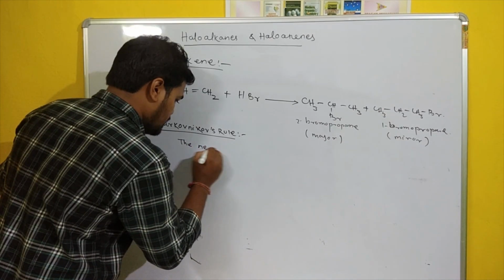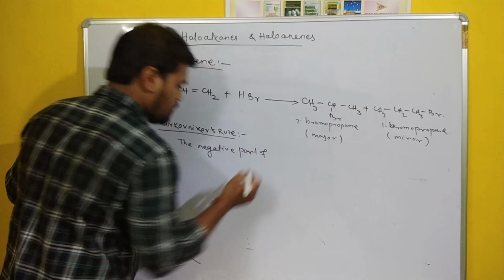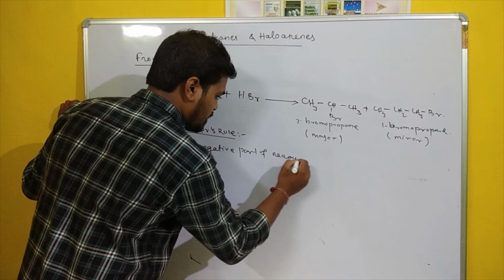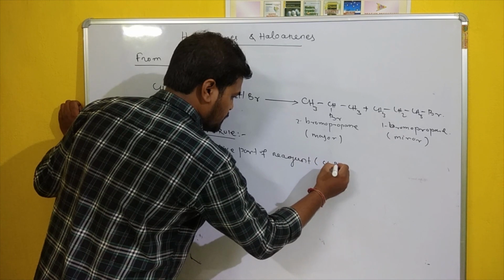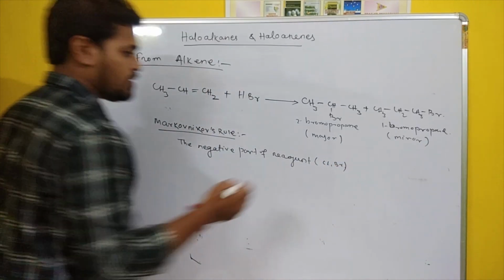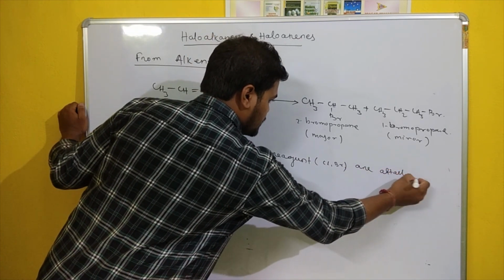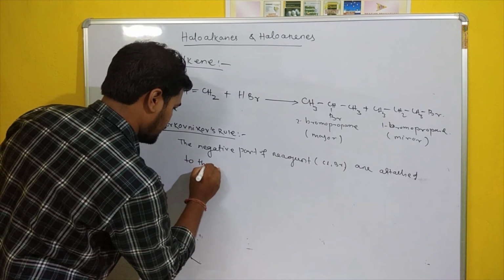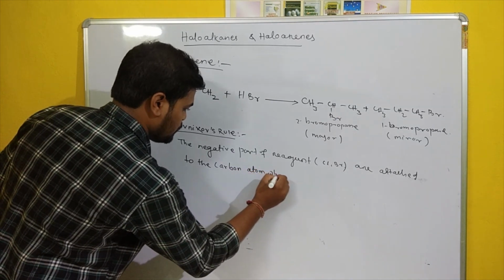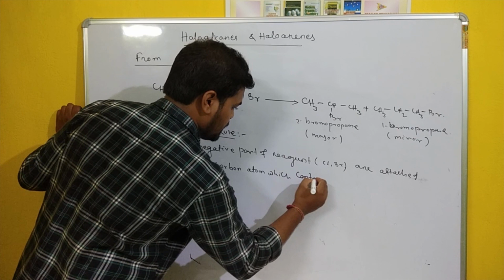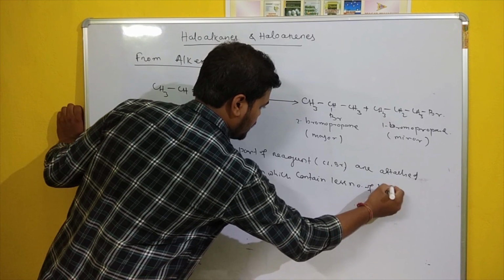The negative part of the reagent, that is Cl, Br, etc., is attached to the carbon atom which contains less number of hydrogen.